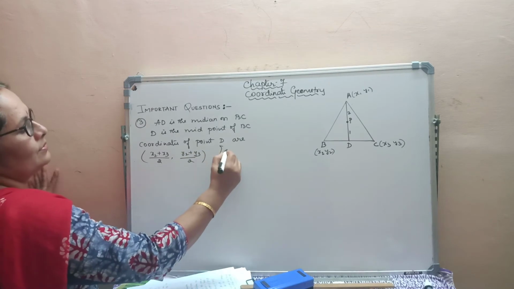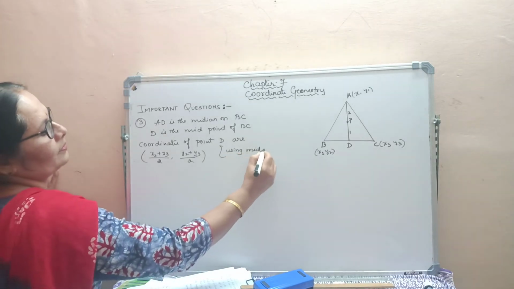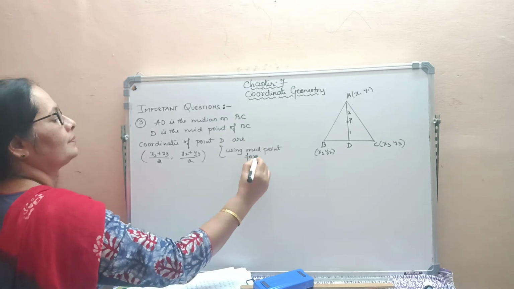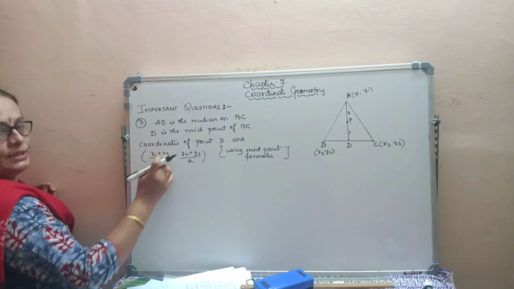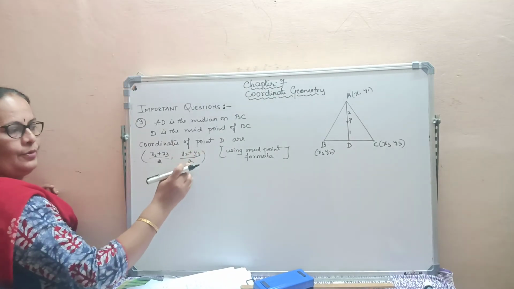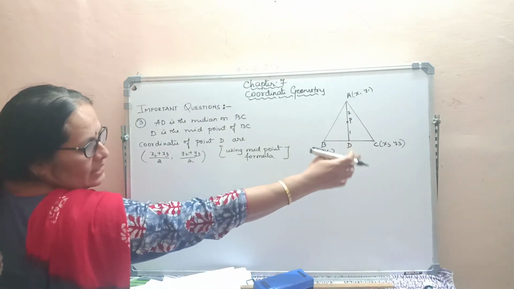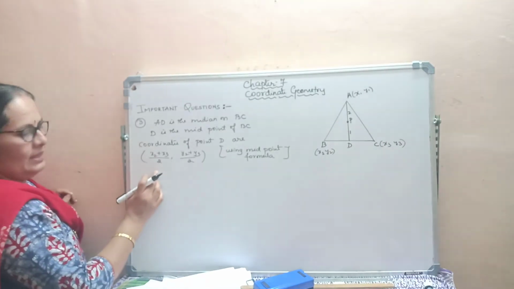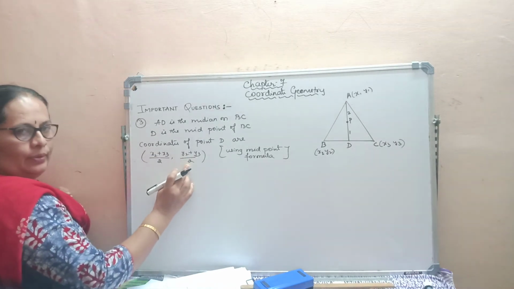This is by using the midpoint formula, (x1 plus x2 by 2, y1 plus y2 by 2), where here the points are (x2, y2) and (x3, y3). So the coordinates of point D are (x2 plus x3 upon 2, y2 plus y3 upon 2).